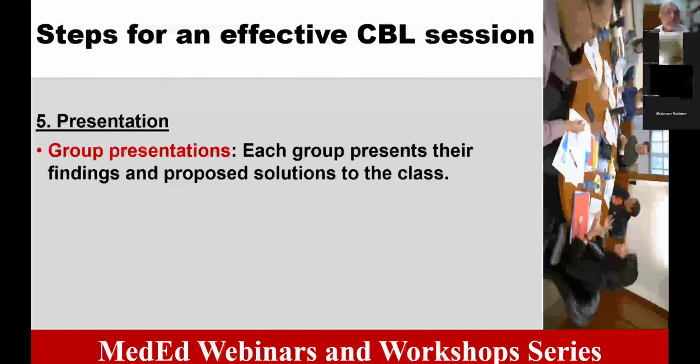Then is the group presentation. Each group presents their findings and proposed solution to the class. If we have divided into multiple groups, based on the availability of time, and if we have focused on learning outcomes, we might focus on that area. For example, our focus is on management.